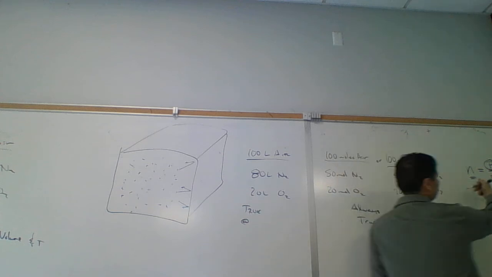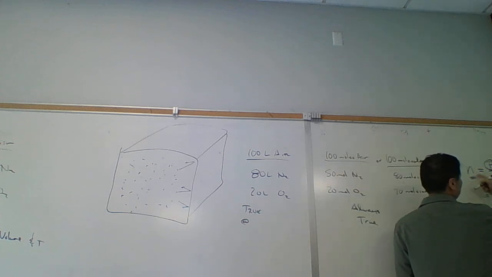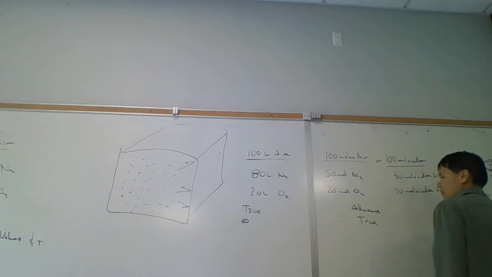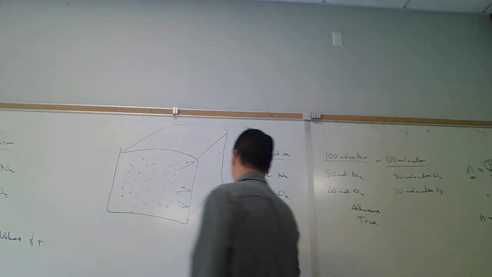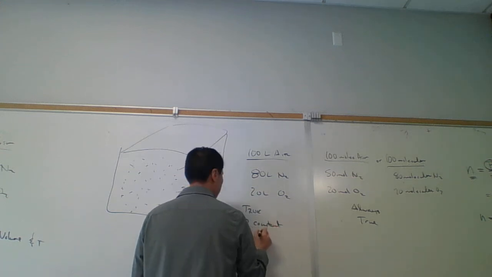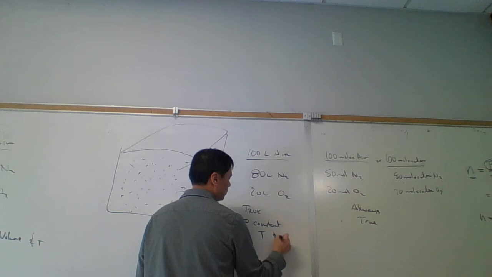It's true because the number of moles is going to be directly proportional to the volume, as long as the pressure and the temperature are fixed. So this is going to be true at constant temperature and pressure.